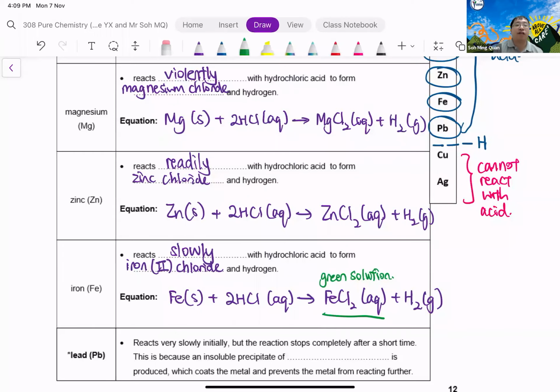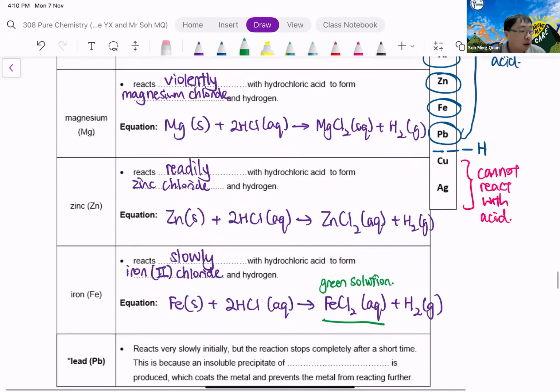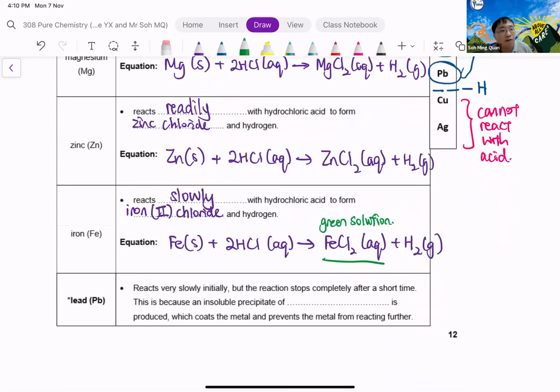Now, up to this stage, I think it's quite straightforward. In fact, under the balancing of equations, we have also done questions asking you to write the general equation for the reaction of a group 2 metal with HCl. So a group 2 metal with HCl, you can see the mole ratio of the metal to HCl is 1:2. Now, the reason why I put lead right at the bottom with an asterisk is because it's quite unique.